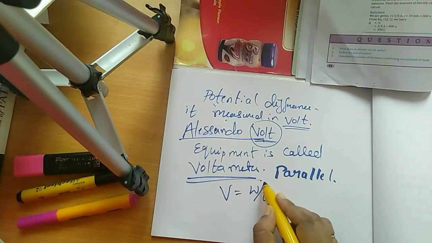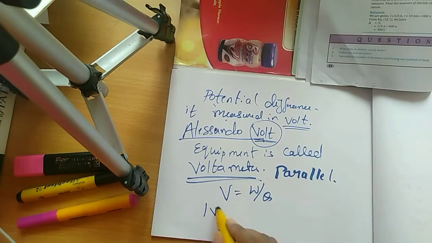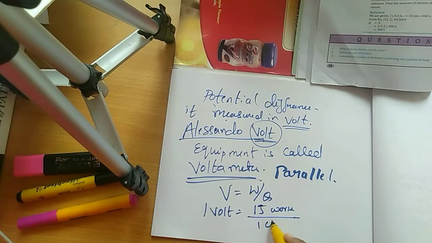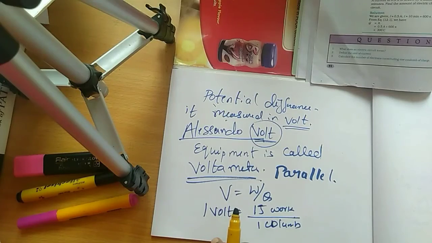by Q. Here, 1 volt is equal to 1 joule of work done divided by coulomb charges moving. 1 volt is equal to 1 joule of work done when 1 coulomb of charge is moving.